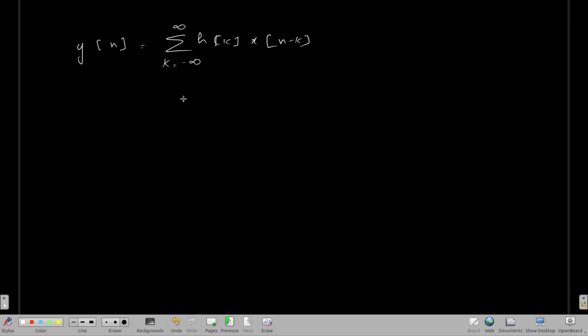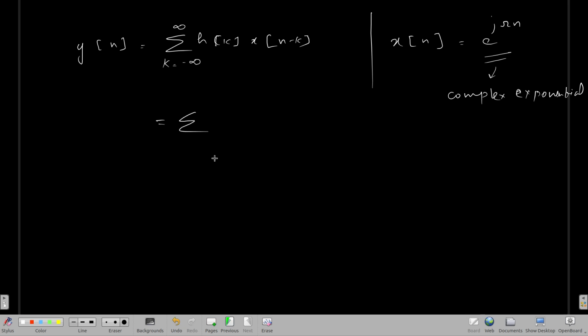Now what I'm going to do is put x of n is equal to e to the power j omega n, right? This is the complex exponential. So what is the peculiarity of a complex exponential? We will see that. Now what will this summation become?